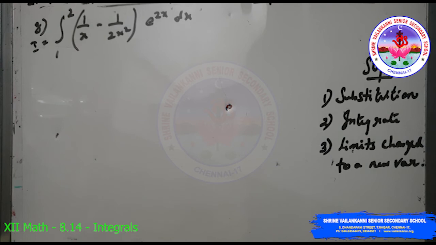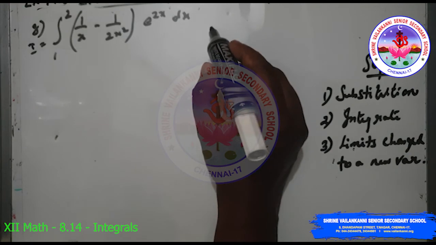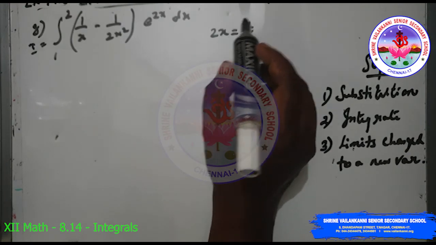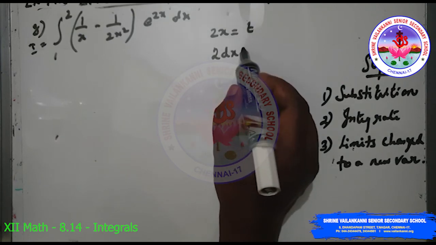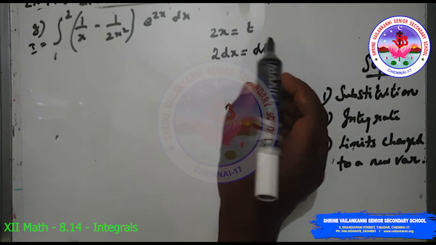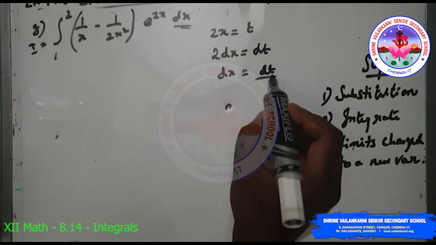8.1: integral of 1 to 2, 1 by x minus 1 by 2x square, e power 2x into dx. So put 2x equal to t. Differentiating this, we get 2 into dx equal to dt. Here we have dx, so dx equal to dt by 2.